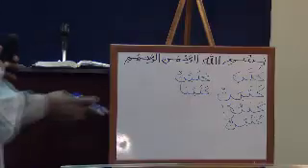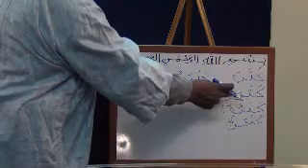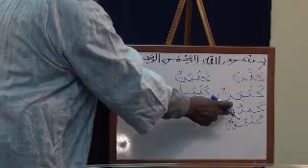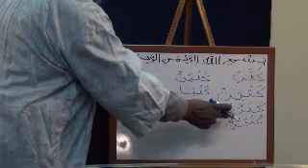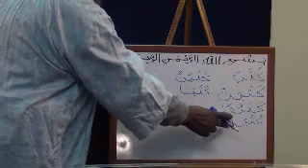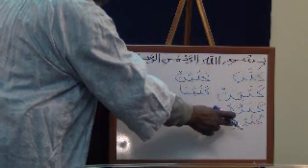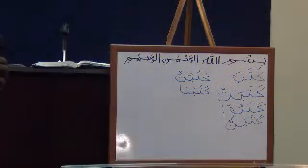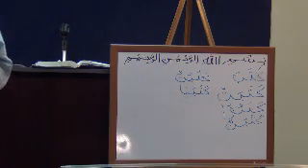So now we have singular masculine, singular feminine, plural masculine and feminine, or feminine can be included in there, but if it's just feminine, then it's katabna, which is all females. Why is it, am I not talking about masculine and feminine in first person?